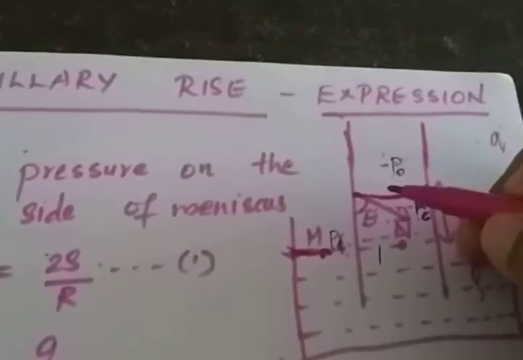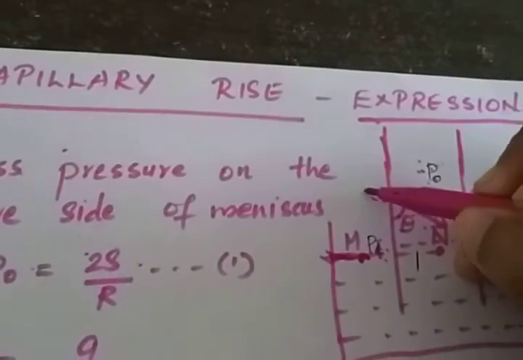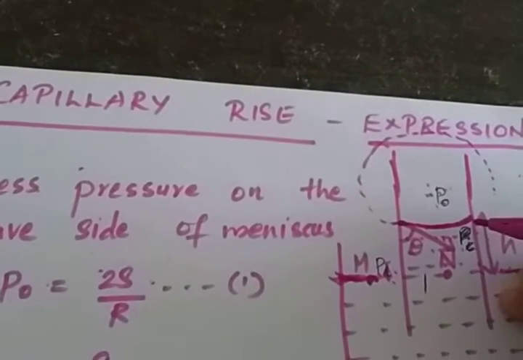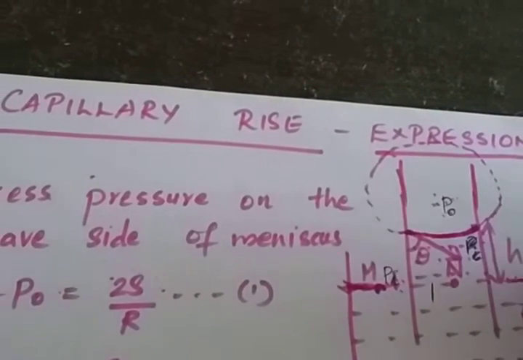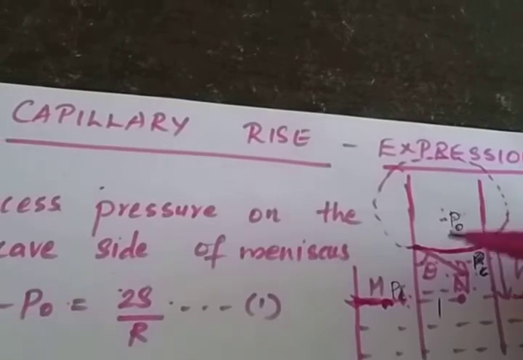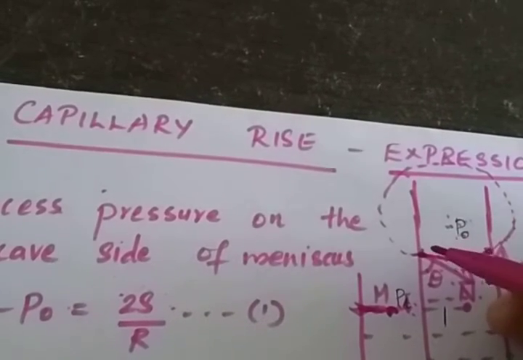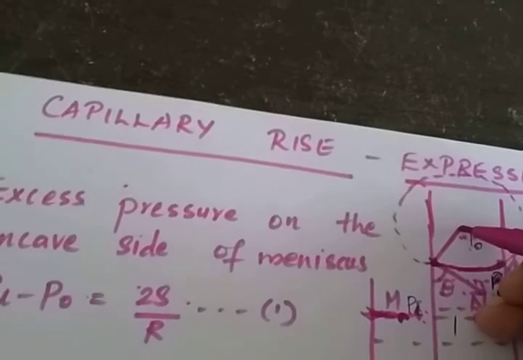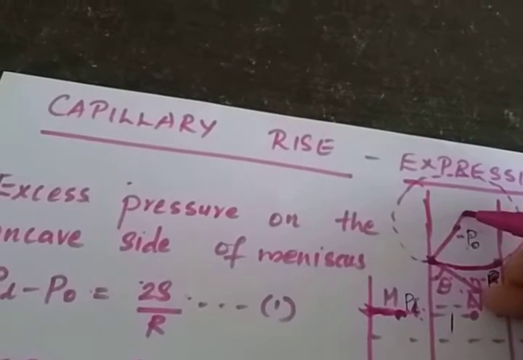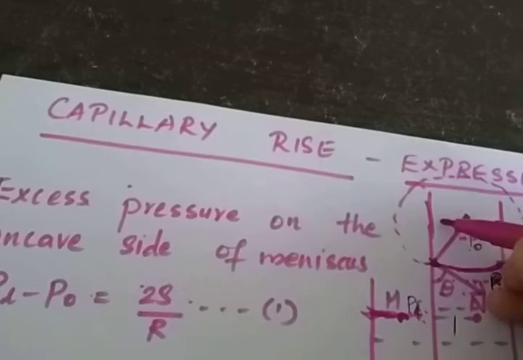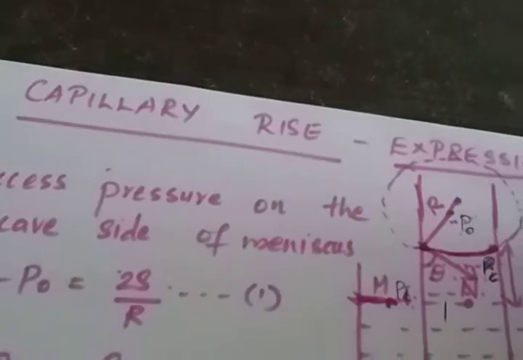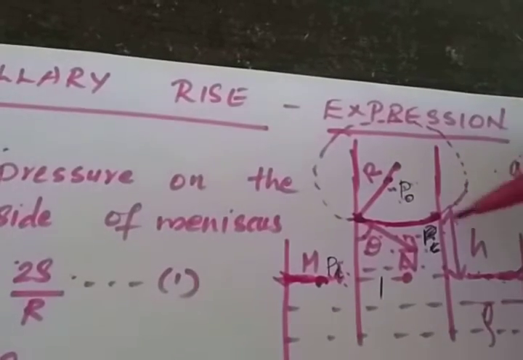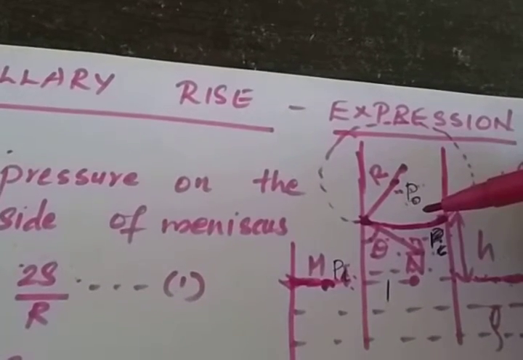See, if we complete this meniscus, we will get a sphere, and let R be the radius of that sphere. This is the center of the sphere.